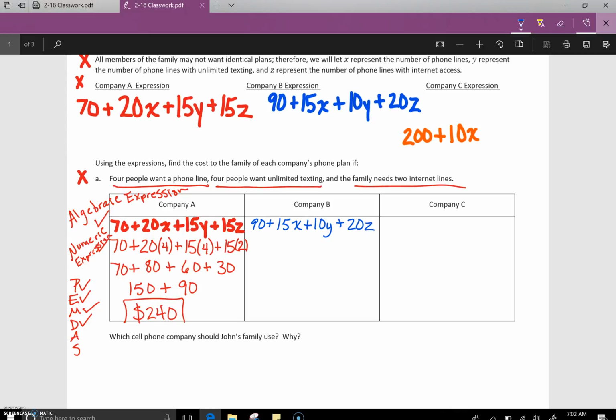Now this family wants the same thing with company B. They want 4 phone lines, 4 texting lines, and 2 internet lines. So we'll change our algebraic expression to a numeric expression. $15 times 4 phone lines, plus $10 times 4 texting lines, and $20 times 2 internet lines.